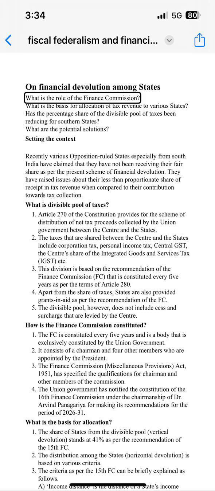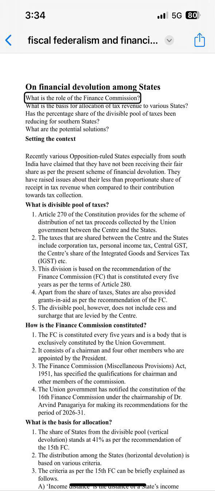On what basis it should be shared and what proportion of the net tax revenue should be shared with the states by the center is fully based on the recommendations of the Finance Commission. There are principles laid down.